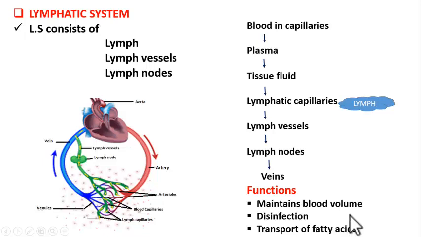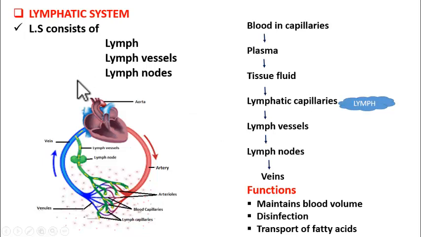Through blood capillaries. But I told you that fatty acids cannot enter into blood capillaries. Instead, they enter into lymphatic capillaries of the villi. Got it? So the lymphatic system helps in transport of fatty acids. So these are the functions of the lymphatic system. I hope you understood, right?